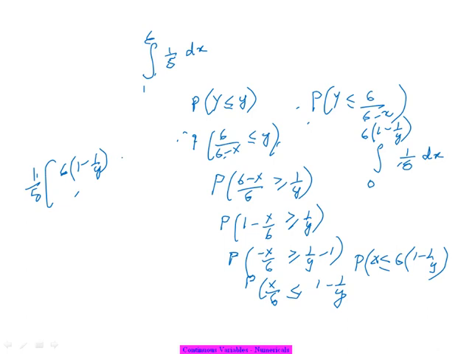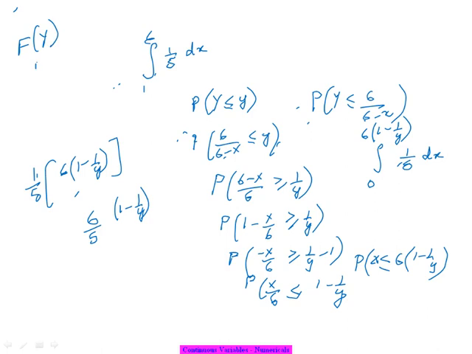If you are integrating 1 by 5 between 0 and 6 into (1 minus 1 by y), you are getting this as the solution. Right? So, this is 6 by 5 into (1 minus 1 by y). This is your integration value for capital F of y.